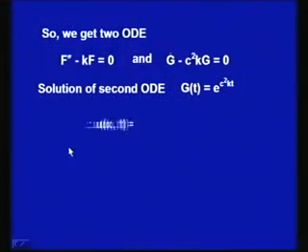So, finally, the solution of our partial differential equation, which we said is f x into g t, would be f x, that is the solution of the first equation, into e to the power c square k t. Now, whatever form of solution we have for different values of k, a x plus b or a e to the power root k x plus b e to the power minus root k x and so on, that is a function of x only, and t is involved over here.